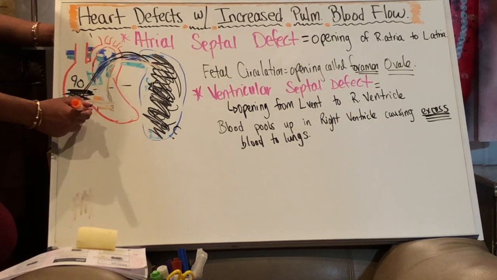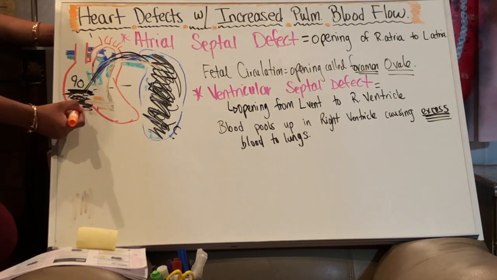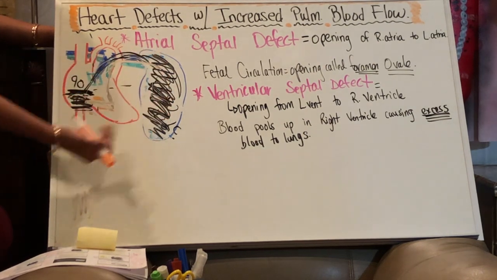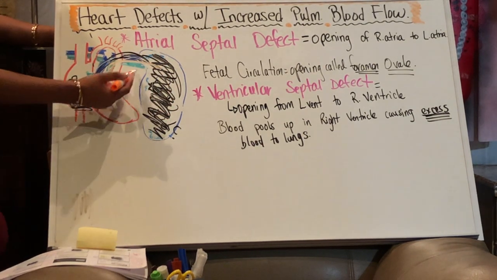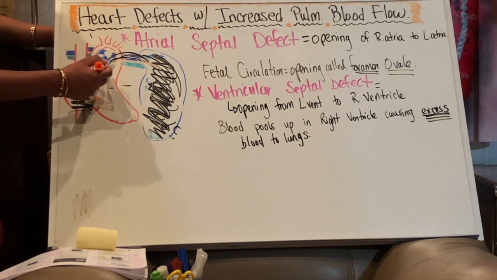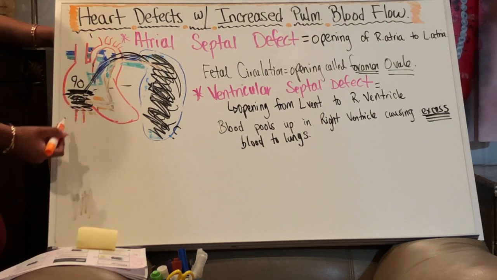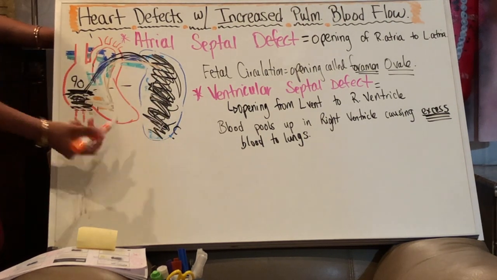So the pooling just continues in here, and if it continues, it'll back up more into the lungs. So it comes through the pulmonary vein, through the heart, through this opening, pooling up in here, causing more blood flow to the lungs.